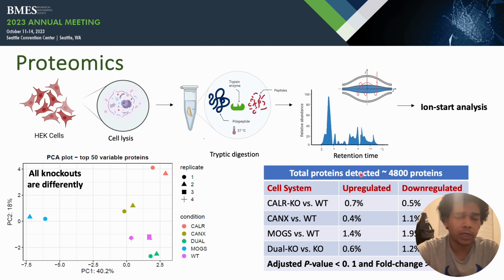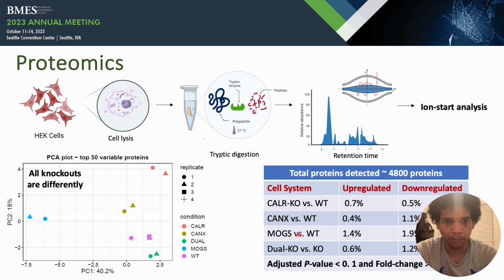We have detected around 4,800 proteins. Out of this, 0.7% in the calreticulin knockout are upregulated, and 0.5% are downregulated. And similarly, the proteins upregulated and downregulated are mentioned here.